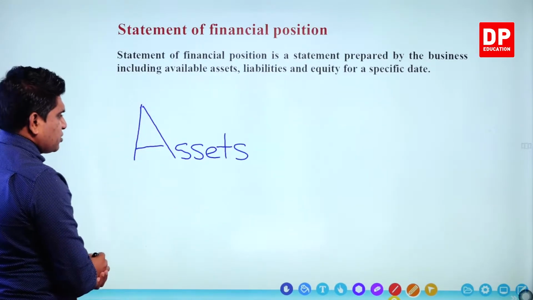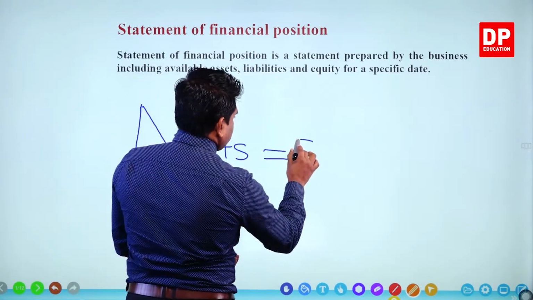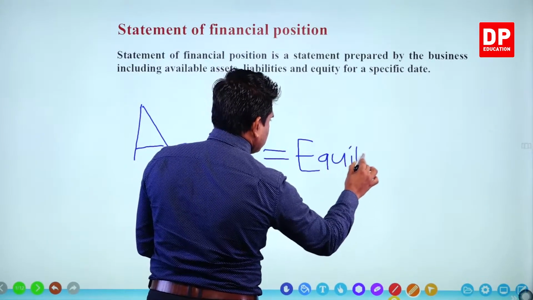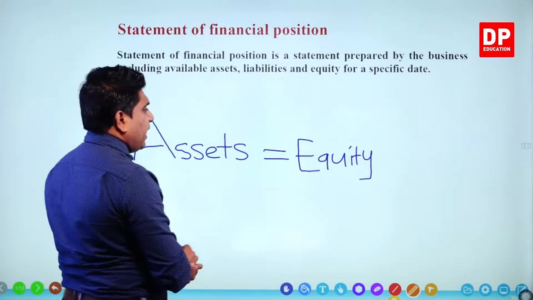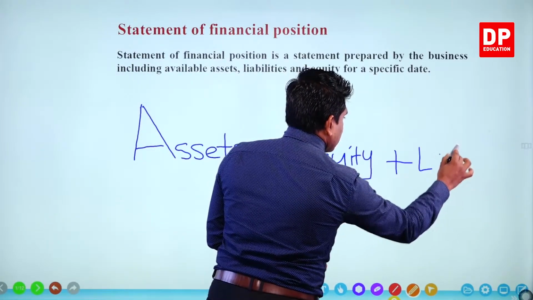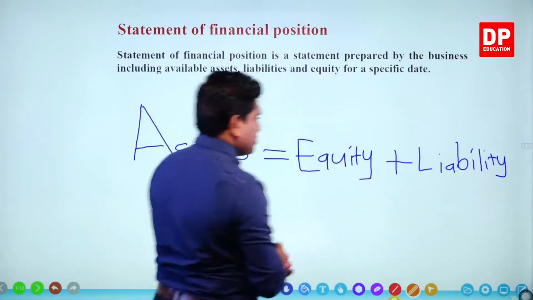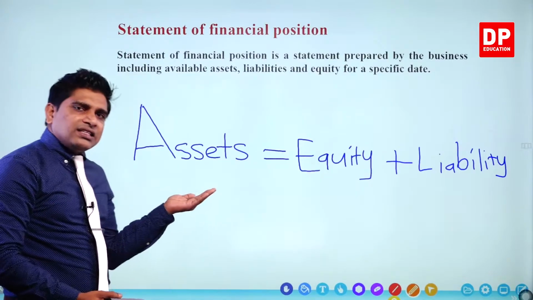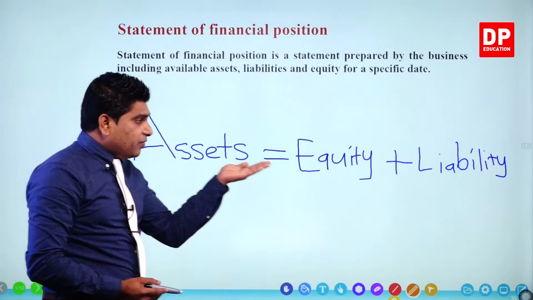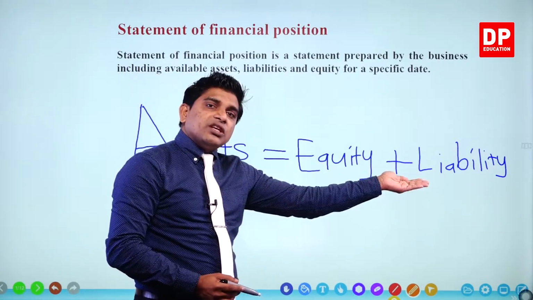Total value of the assets equals equity. The other word we can use here is capital. Same thing, right? Equity plus liability. I think you remember your first accounting lesson, right? Total assets of the business, total value of the assets, should be equal to capital, which means equity plus liability of the same business.